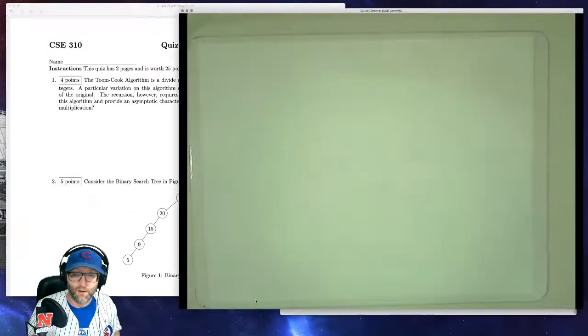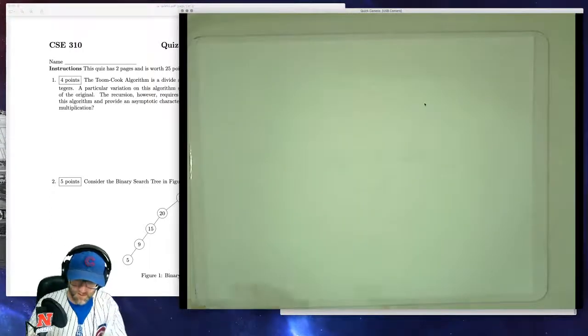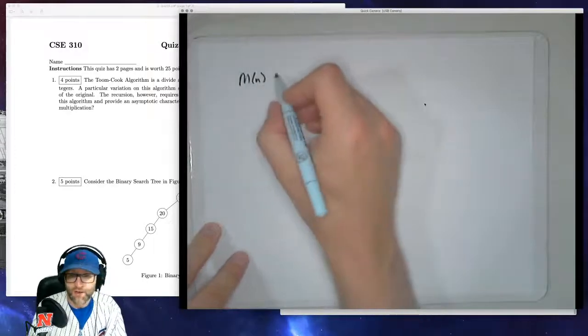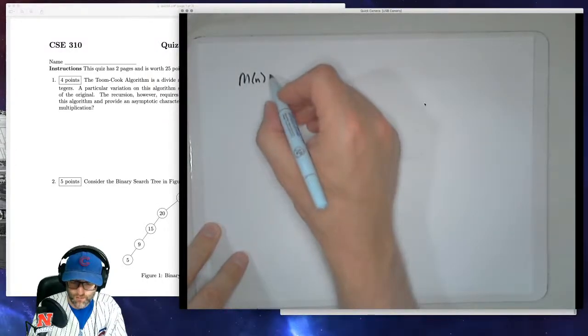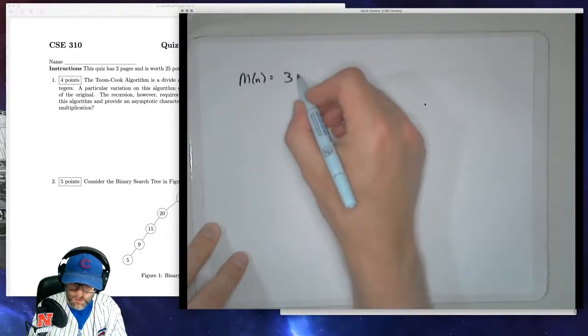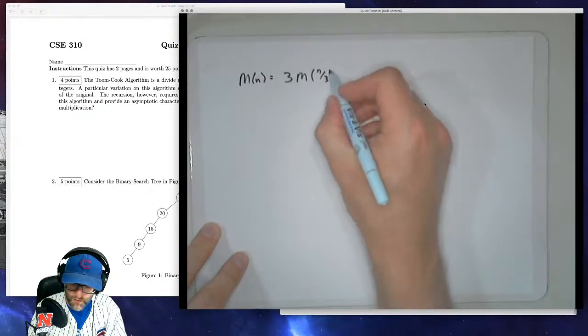So what we want to do is set up a recurrence and then apply the master theorem to get an asymptotic characterization. And then we can say, is it worse or better than Karatsuba multiplication? Let m sub n be the number of multiplications made by this Toom-Cook algorithm. And we need to make 3 recursive calls on numbers that are 1/3 as big.